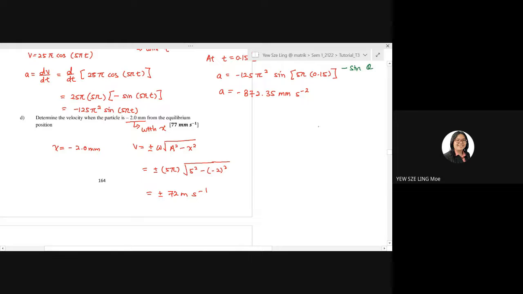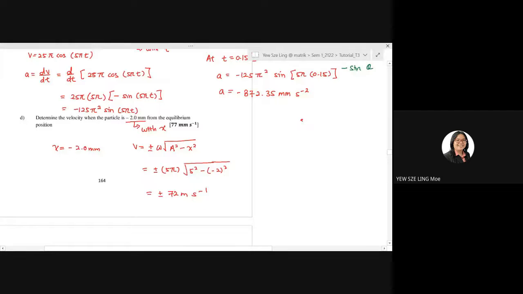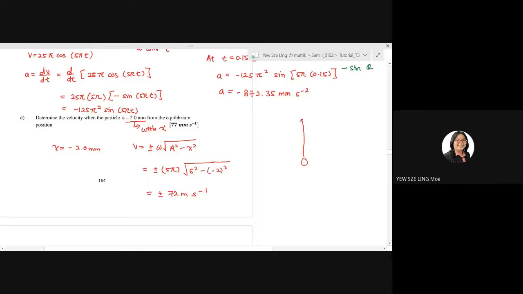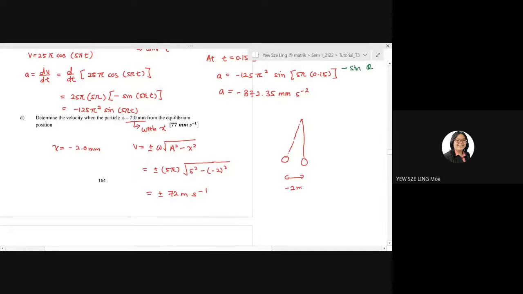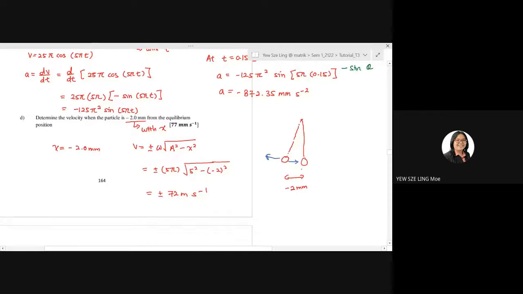Why? Well, for example, now you have a pendulum. So this is its equilibrium position. Now your object is located here, which is 2 mm from the equilibrium position. So this is negative 2 mm. But I don't know whether it is swinging to the left or to the right. I don't know whether it is heading towards the amplitude or heading back to the equilibrium position.